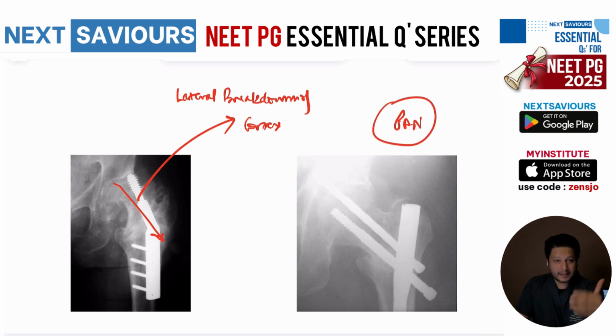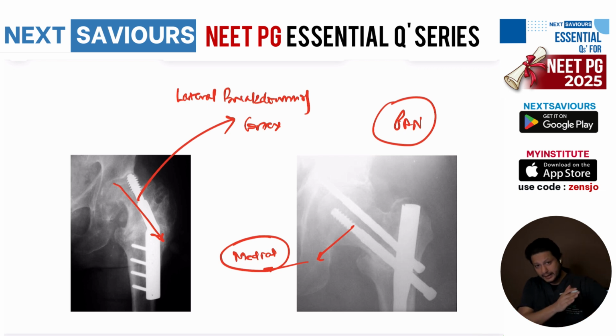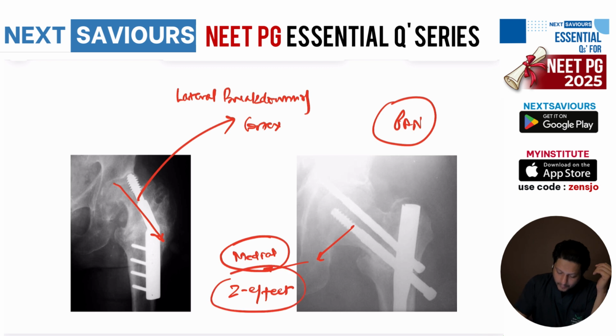Now, what complication can happen in case of PFN? If the distal cephalic screw moves more medially into the acetabulum or into the hip joint, then this is known as Z effect. While if the proximal screw moves medially, then this is known as reverse Z effect.